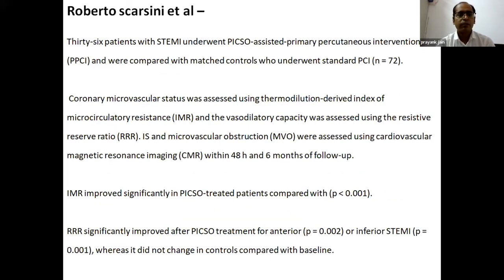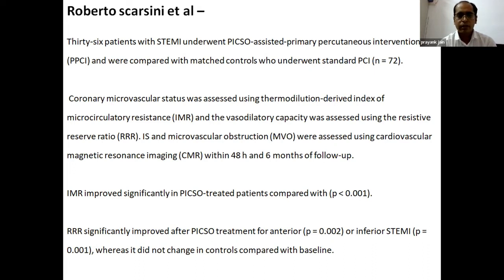There is another trial by Roberto Scarsini et al. 36 patients with STEMI underwent Pixo-assisted primary PCI and were compared with matched controls who underwent primary PCI. 72 patients underwent normal PCI and 36 patients underwent PCI with Pixo. Coronary microcirculation status was assessed using thermodilution derived index of microcirculatory resistance (IMR), and the vasodilatory capacity was assessed using RRR.